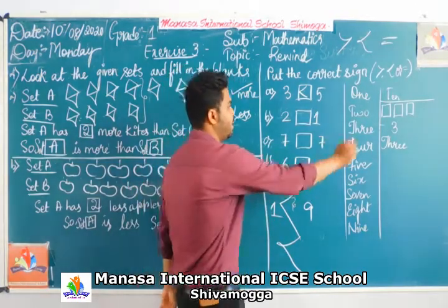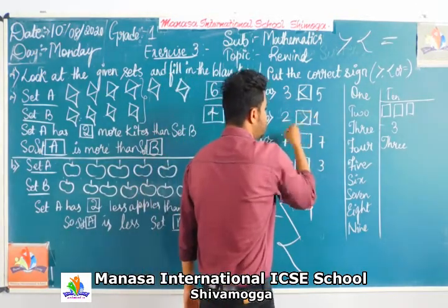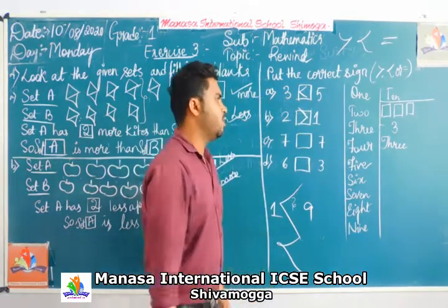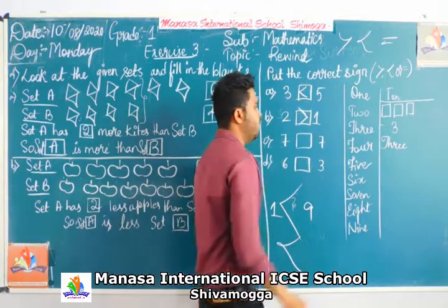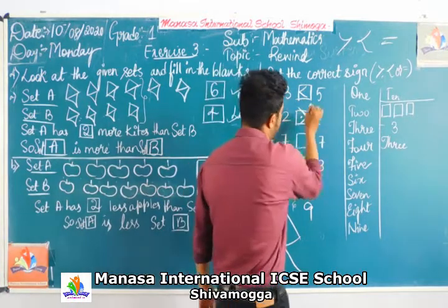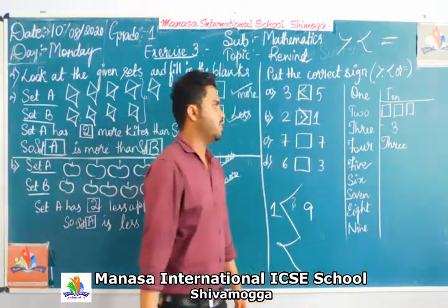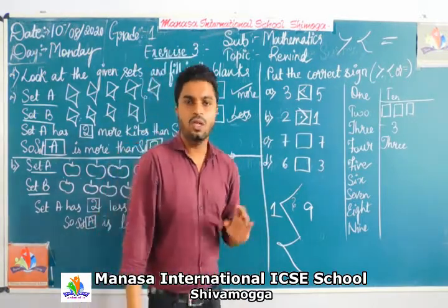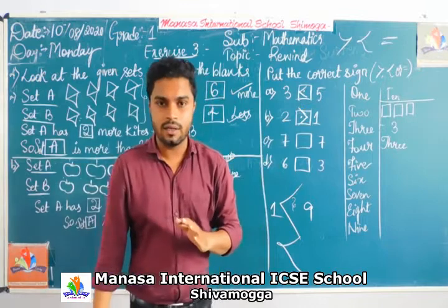As I have told you, the open face should be towards the greater number. See, the open face is here. Here also it is the open face. I have written a dot here to make it clear, so that you can understand.